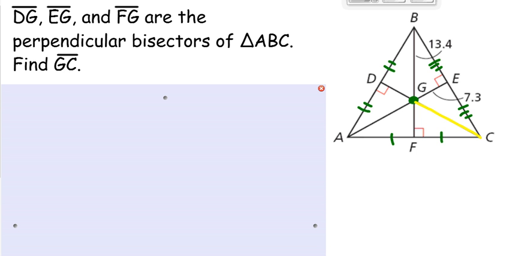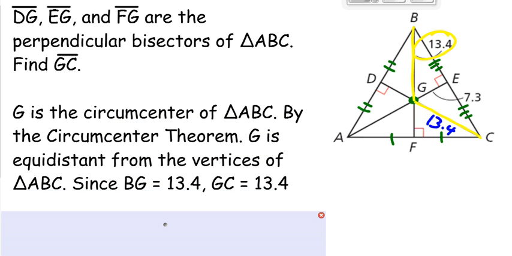Well, I know that GC and GB have to be congruent to each other because they are the distances from the circumcenter to the angle vertices. So since BC is 13.4, GC also has to be 13.4. All right, and there is your reasoning if you would like to put that in your notes.